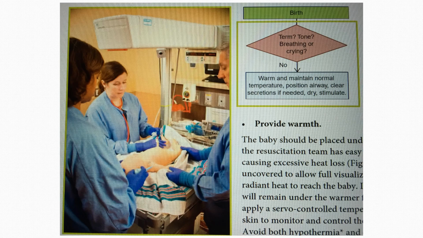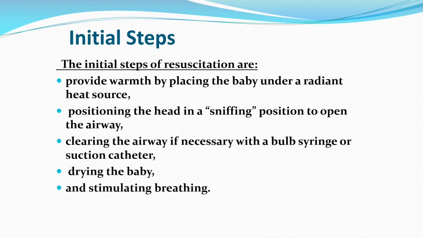So in a baby who after birth is preterm, has poor tone, is apneic or gasping, then you should bring him to the stair, and you warm, maintain normal temperature, position the airway, clear secretions if needed, dry, and then we might need stimulation. So these are the initial steps of resuscitation.